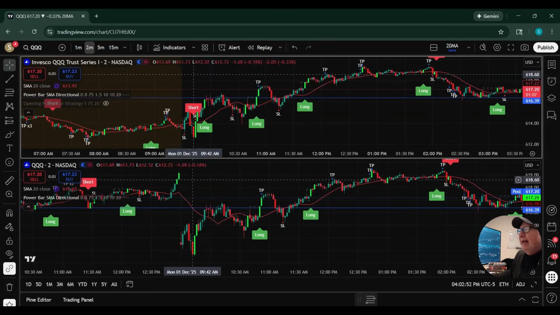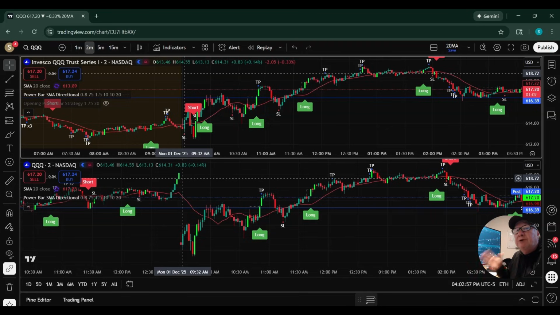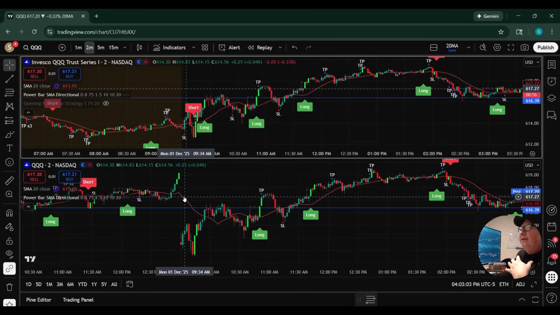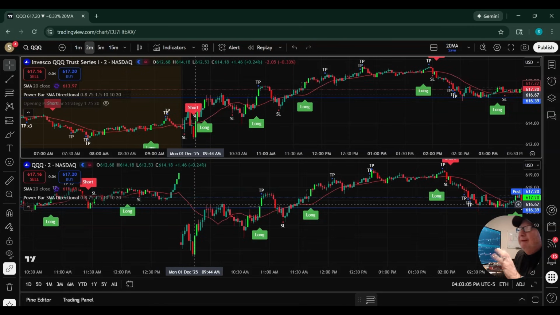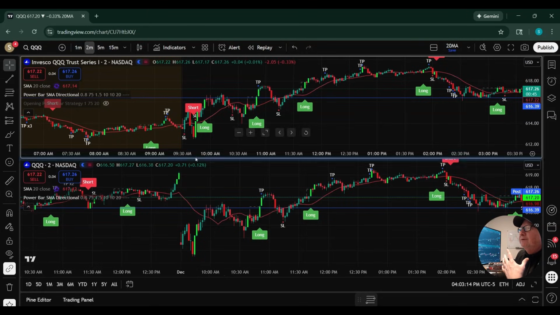If there is no gap and we open at or near where we closed on the prior day, then you end up with a 20 that's the same for the pre-market and the regular trading hours. It may be off by just a little bit at the beginning of the day, but very quickly it's going to be the same 20 on both charts.